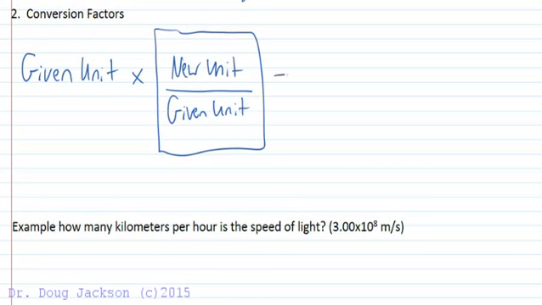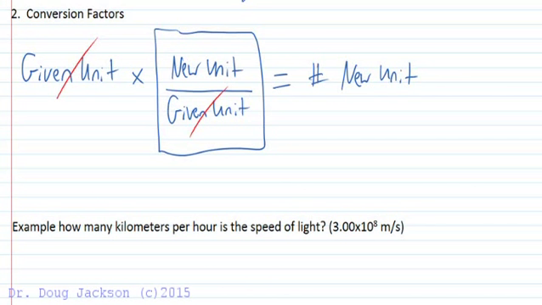And the whole point is something divided by itself is equal to 1. So when I multiply and divide, I'm left with a number, a new number, and a new unit.